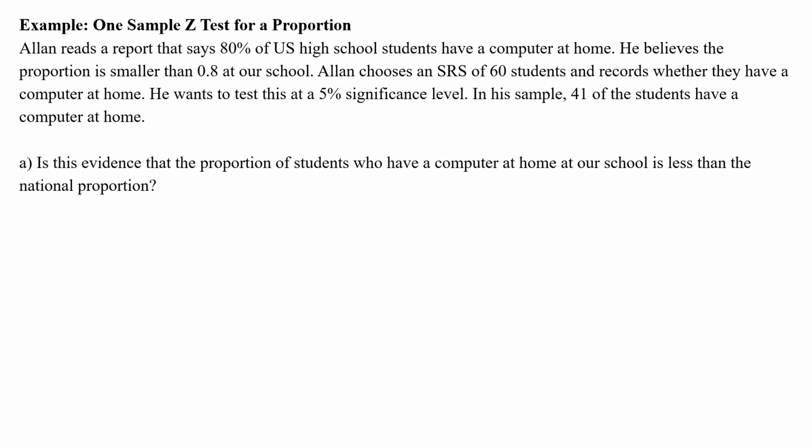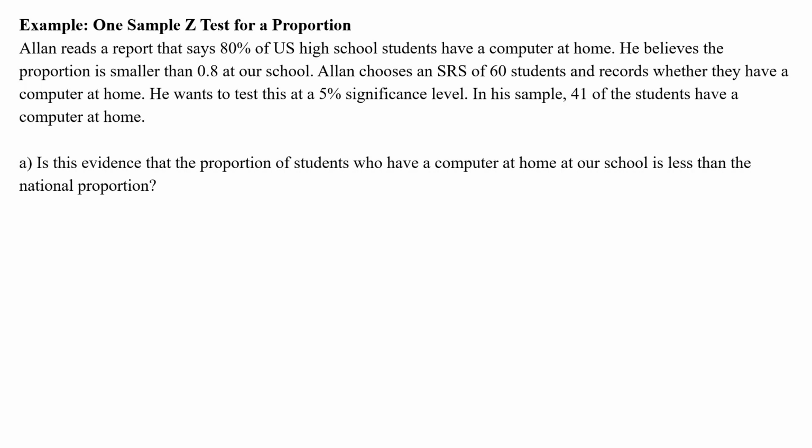So this is our one example for today. A complete one sample Z test for a proportion. Our friend Alan reads a report that says 80% of US high school students have a computer at home. He believes that the proportion is actually smaller than 0.8 at our school. So Alan is going to choose an SRS of 60 students, and he's going to record whether they have a computer at home.